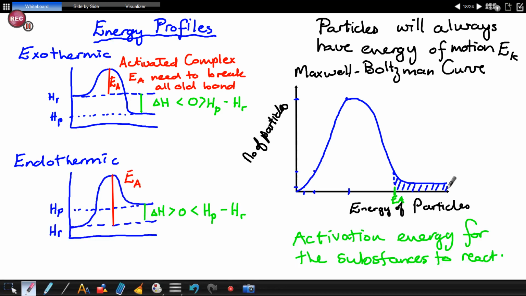So that's here where I'm flicking the lighter. Here the particles have high enough kinetic energy so the reaction will take place. So this is a Maxwell-Boltzmann curve that tells you that the majority of the particles have energy less than the activation energy.